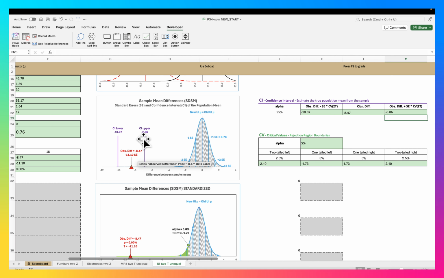But at a minimum, we're shaving off 6.86 seconds, and we might be shaving as much as 10.07 seconds. So we're saving time. Now, depending on how many times this interface is used, let's say this is like a call center and it's used thousands of times a day, that could add up to some serious money.